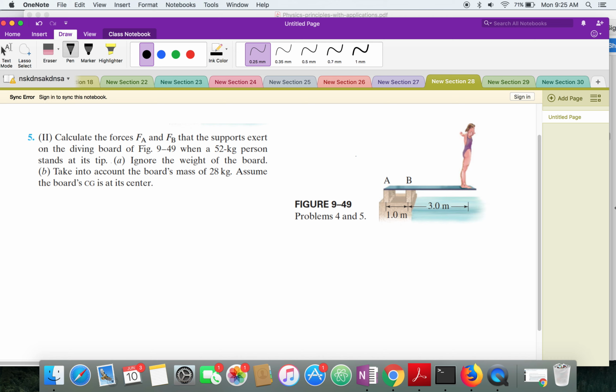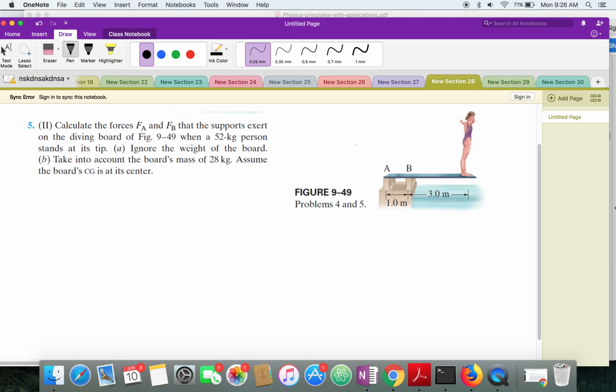There's a support here and a support right here, and you have this 52 kilogram diver on the end of it. They tell you to ignore the weight of the board. So the board, for part A at least, is negligible, basically make believe it's massless, which is not true, but whatever. And then part B will actually take it into account.